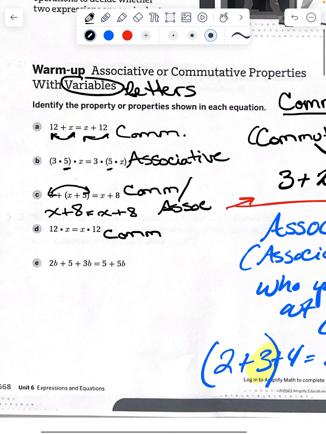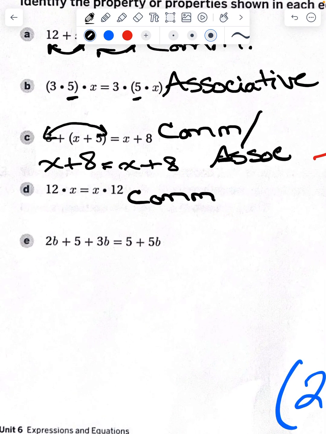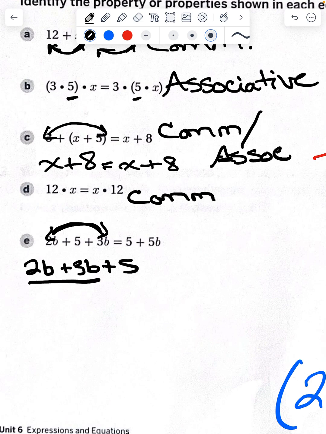And then this last one, E, we have 2b plus 5 plus 3b, and then 5 plus 5b. Again, we're going to move the 2b and the 3b. We're going to rearrange this problem to look like this. So we're going to move them around so that we can combine them. 2b's plus 3b's is 5b's plus 5.